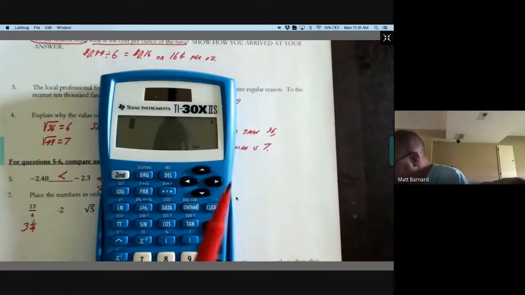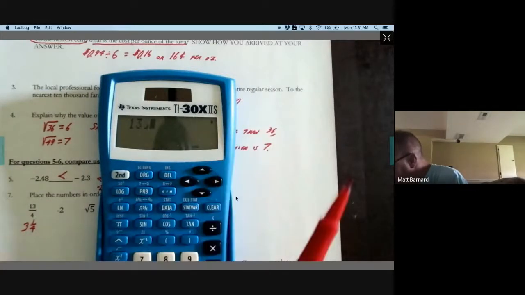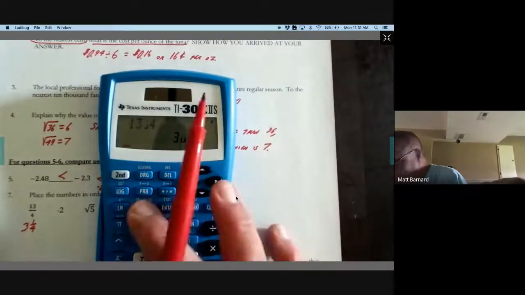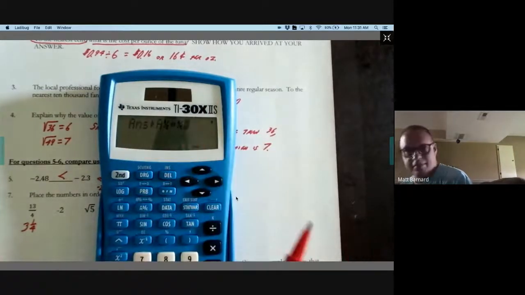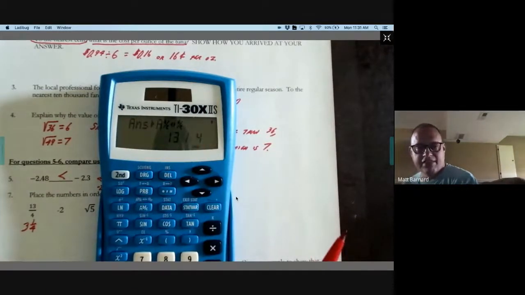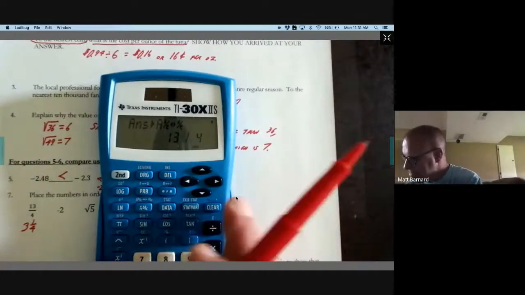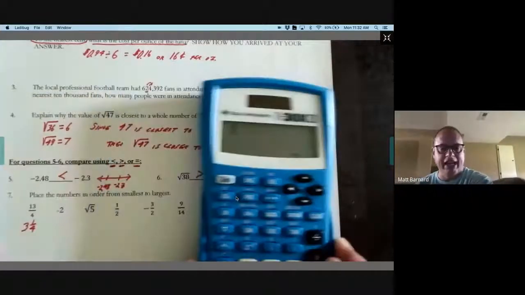So I'll try that again, 13 fourths. And if I hit second and the same key again, it's going to go back and forth. Okay. Every calculator is a little bit different with that.